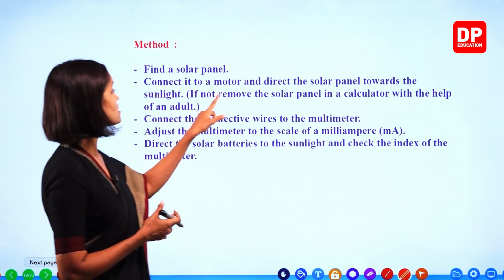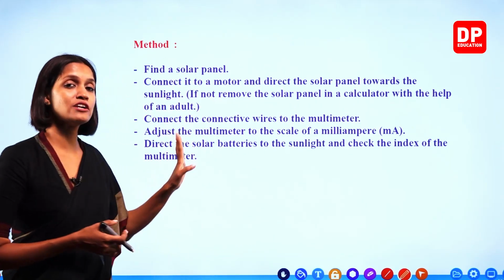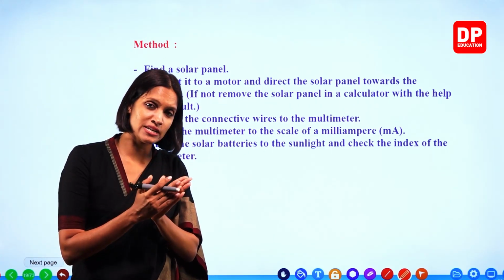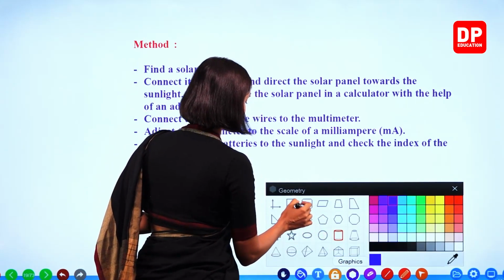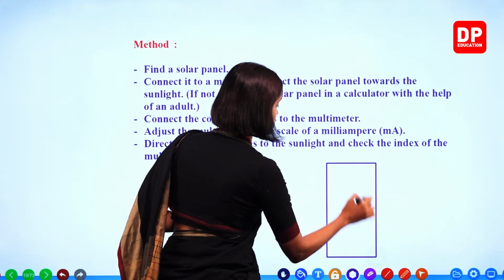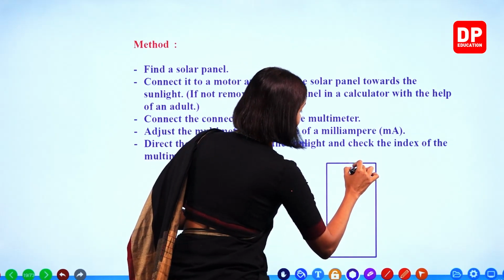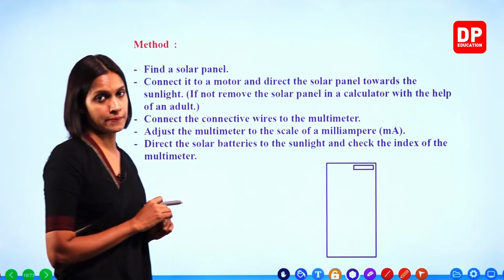So here, you can remove the solar panel from a calculator with the help of an adult. You must have seen in some calculators, on a side, a small solar panel. Observe carefully if you have calculators at home.